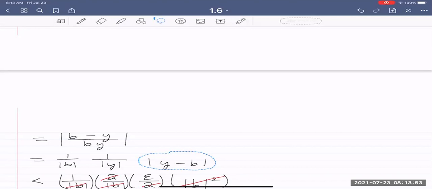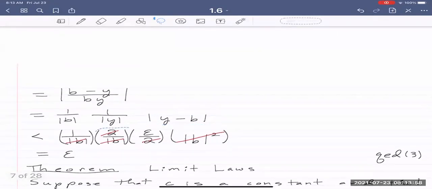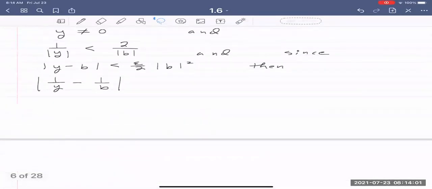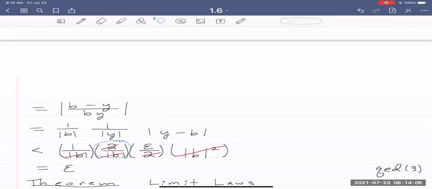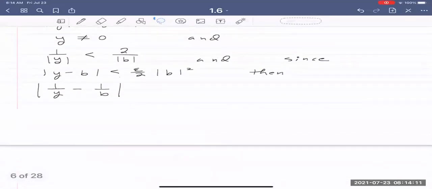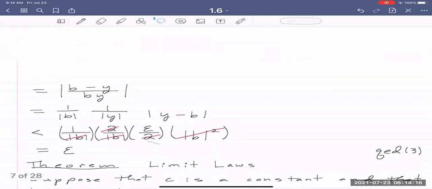So this is equal to the absolute value of y minus b. 1 over y is less than 2 over the absolute value of b. Y minus b in absolute value is less than epsilon over 2 times the absolute value of b squared. The absolute value of b squareds cancel. The 2's cancel. So what remains is epsilon. And so therefore, this is less than epsilon.